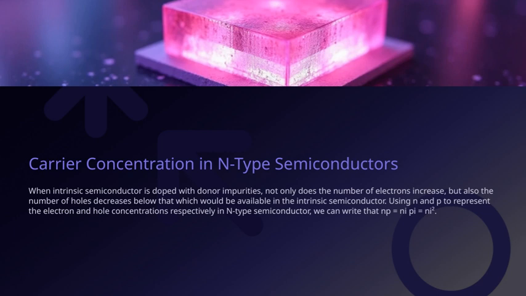We use the symbols n and p to represent the concentrations of electrons and holes, respectively, in an N-type semiconductor. An important relationship here is that the product of these two, np, equals ni squared, where ni is the intrinsic carrier concentration.